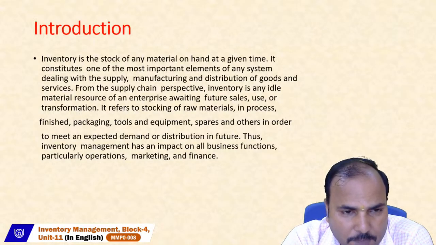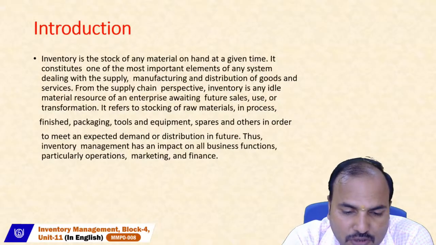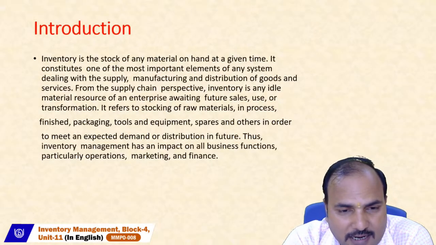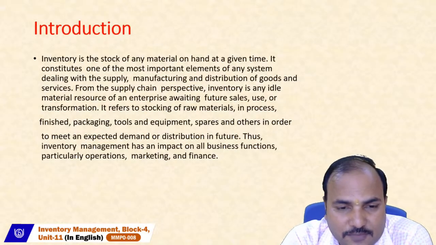Proper storage and handling of the goods in the warehouse is required. Another key component is forecasting. You can predict the future inventory need based on sales data. How can you predict? You have to take the track record of past performance.